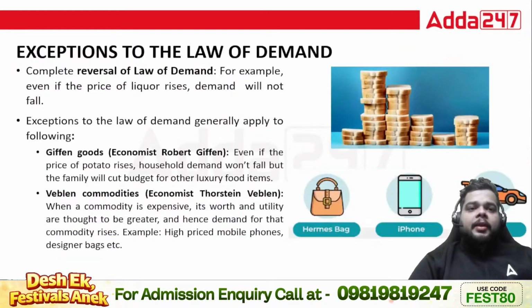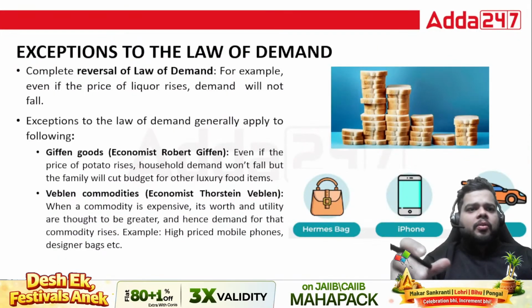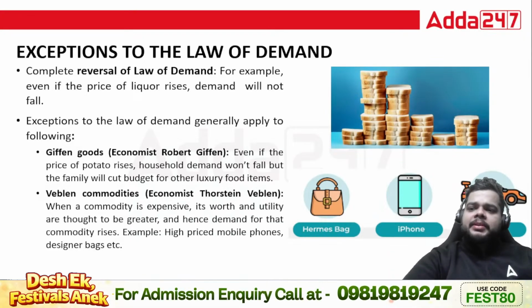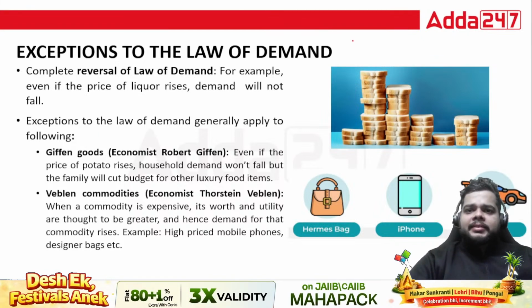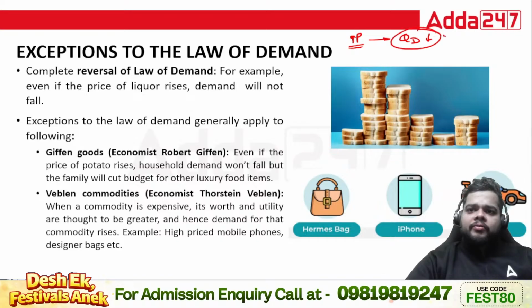Fine. But when we talk about the real world, the law of demand will not hold always. You will find certain exceptions to this law of demand. What are the exceptions? Simply stated, whenever there is an increase in price, you will find that the quantity demanded is not falling.